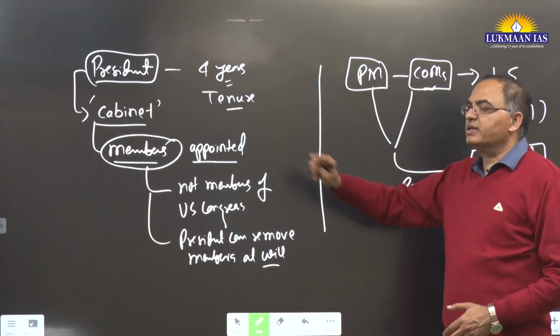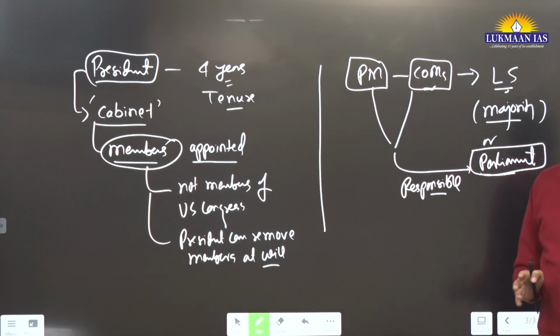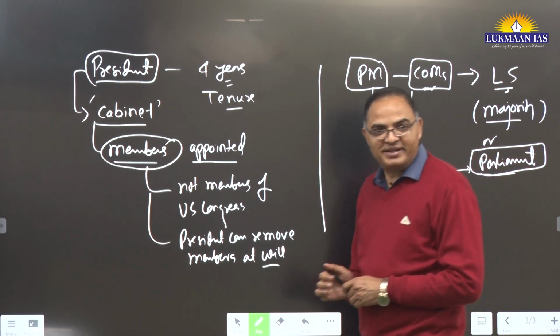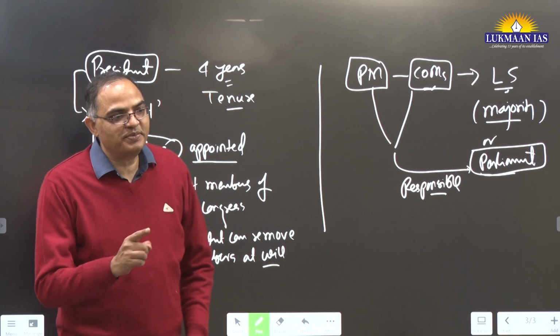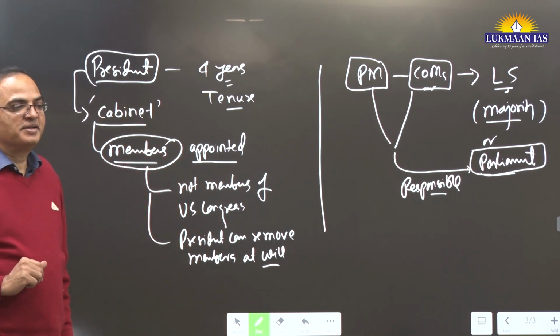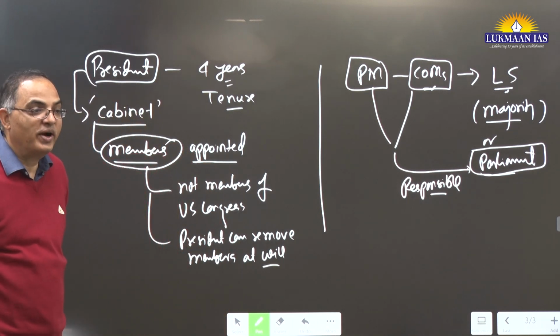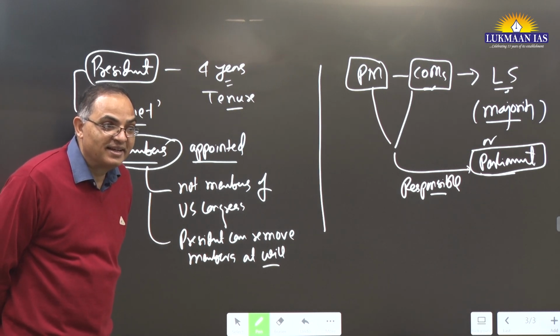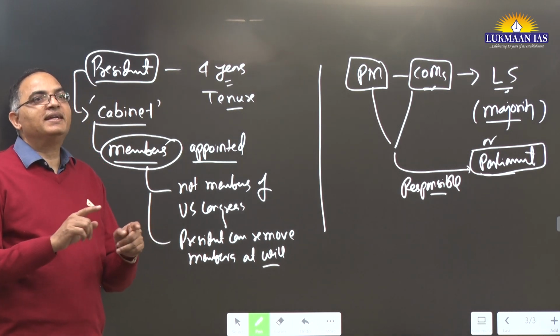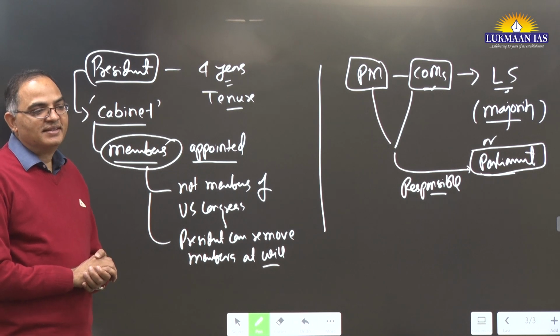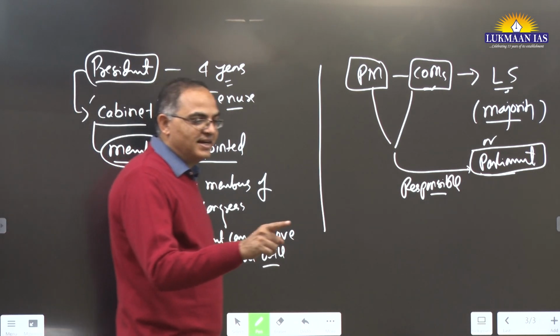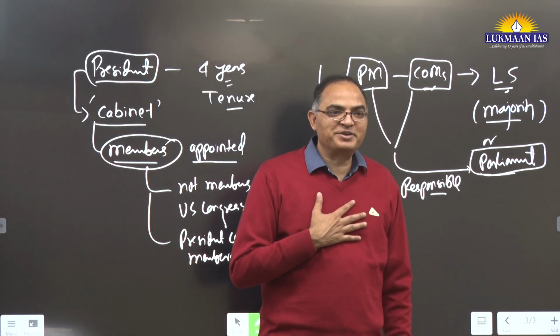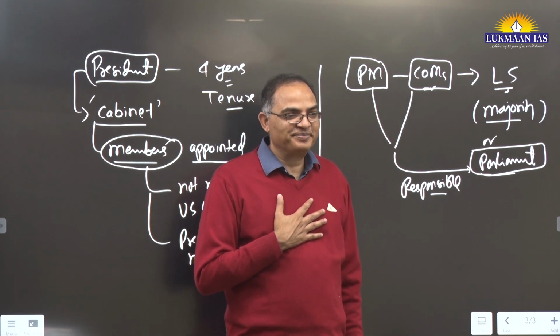Now, by this you will understand that the president seems to be more powerful than the prime minister. Can we say that? The president seems to be more powerful than the prime minister. Why? Because the president is directly elected. To get directly elected, you should be a very popular person among the people.